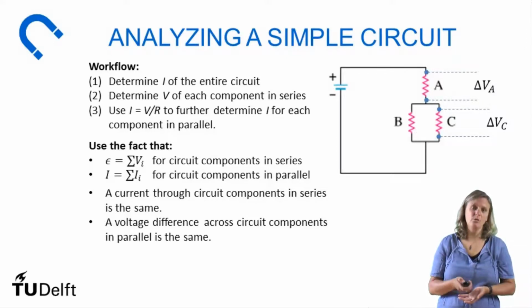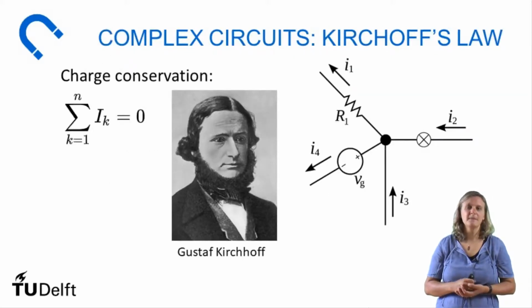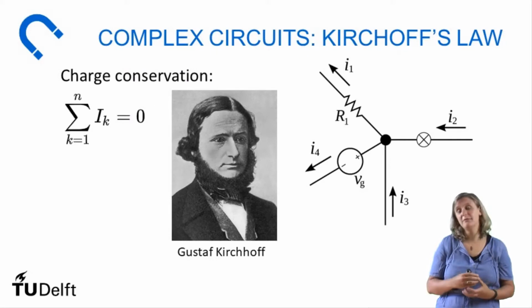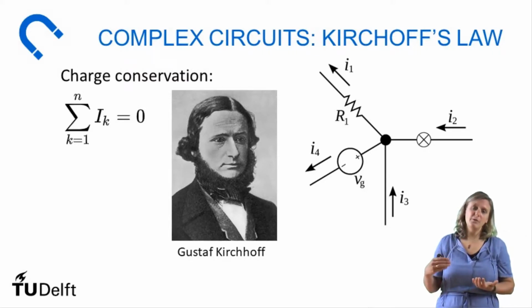However, things may become more complicated. And this is also what Mr. Kirchhoff realized. And Mr. Gustav Kirchhoff is a very interesting guy. He also lived in the 19th century, but he was ambitious. So only when he was 21 years old, he was still a student, he phrased Kirchhoff's Law. What Kirchhoff's Law basically realizes is charge conservation and says the sum of all currents going into a node always has to be 0.